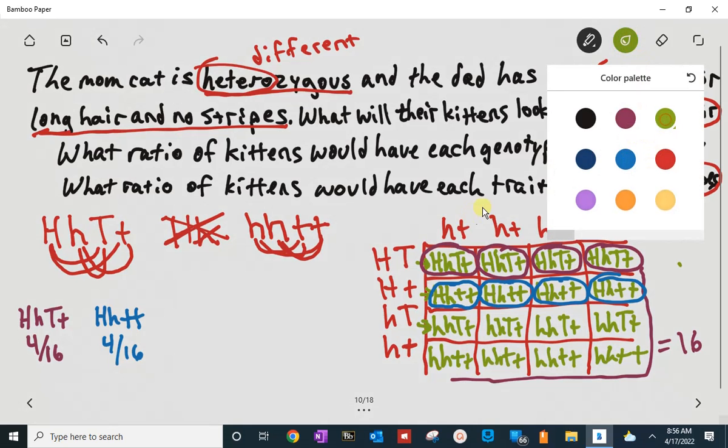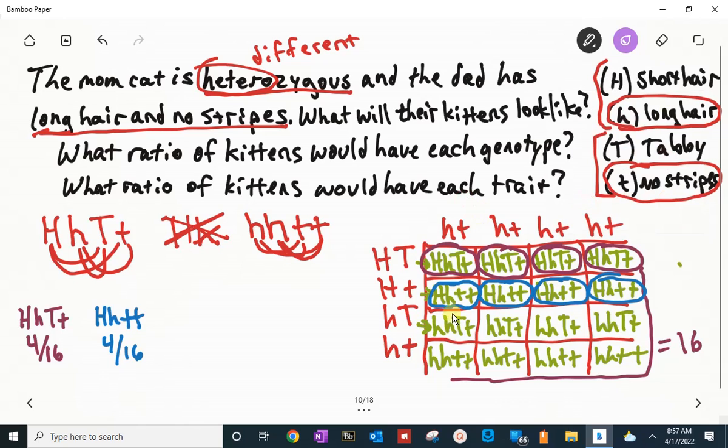Now let's look at the next one. We have homozygous recessive for long hair and heterozygous dominant for tabby. So that's these squares going across. And so that's going to be 4 out of 16.